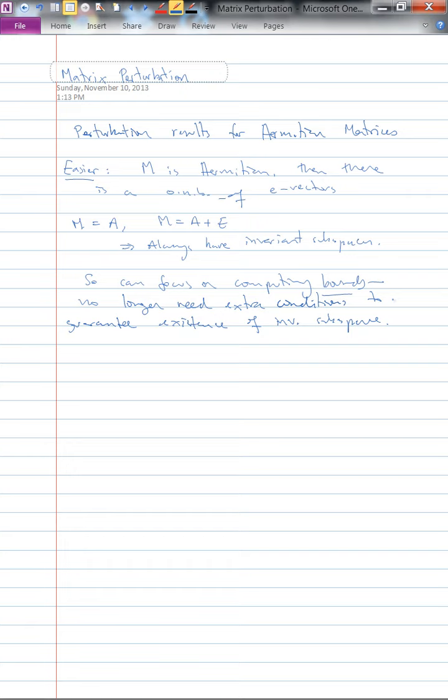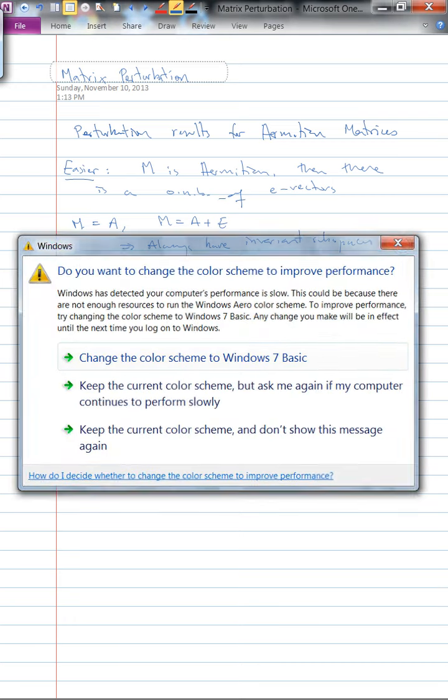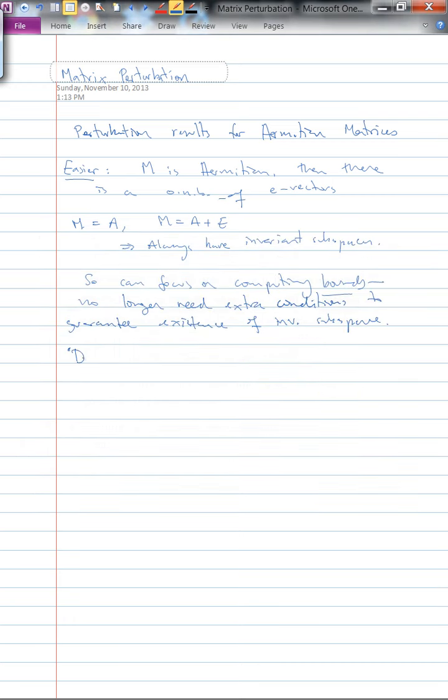And because of that, the work that's been done in one direction is called direct bounds. They're direct because they don't have to focus on existence, just on bounding the distance of the subspaces. And much of this work is due to these two people. So we'll present a subset of the work.